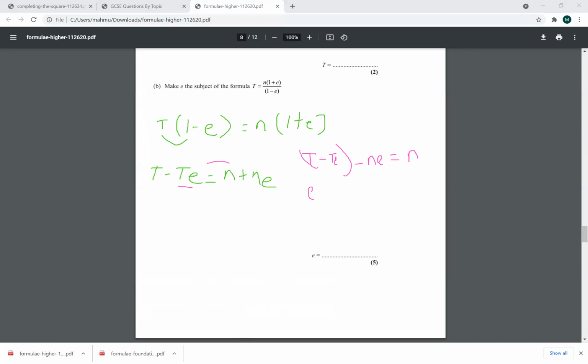Te minus plus ne, they put te. So they put t, ne plus t equals, but I'm just thinking, where did they get the n from? Okay, let me show you the answer. I'm getting confused here as well.